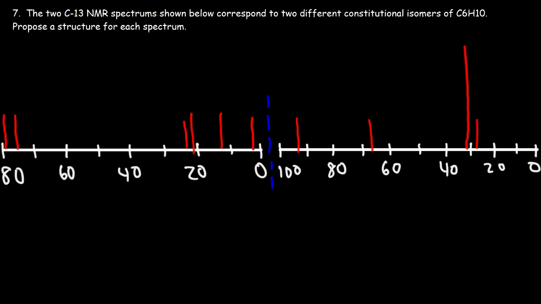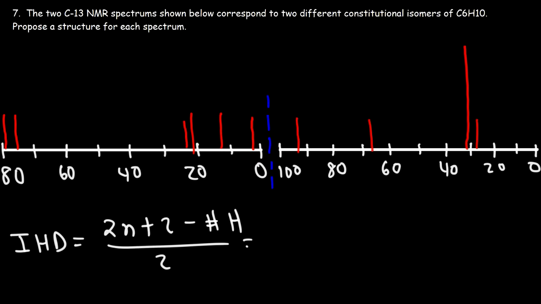Number 7. The 2 carbon-13 NMR spectrums shown below correspond to 2 different constitutional isomers of C6H10. Propose a structure for each spectrum. Now let's begin by calculating the IHD, the index of hydrogen deficiency. The formula is 2n plus 2 minus the number of hydrogen atoms, divided by 2.